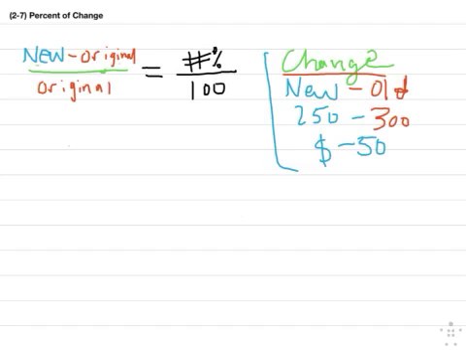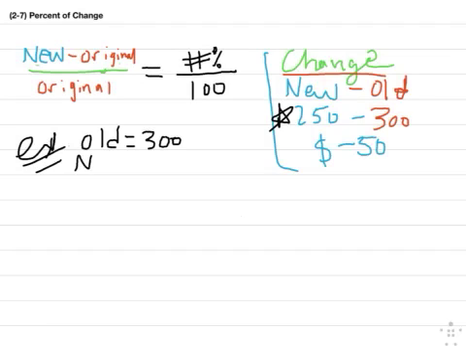So let's do an example here. Let's say the original, or I'll call it old, was $300, and the new, what I got for it when I sold that phone, was only $250. Let's set it up and see what percent.